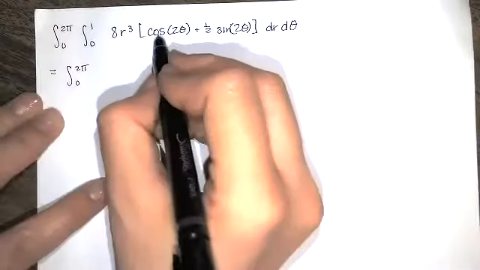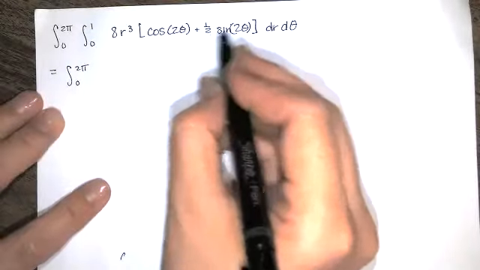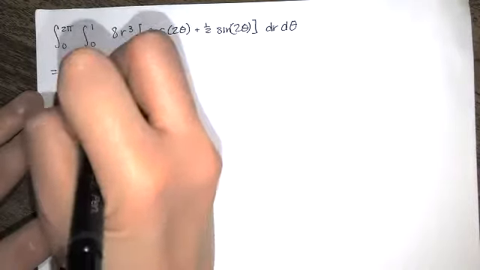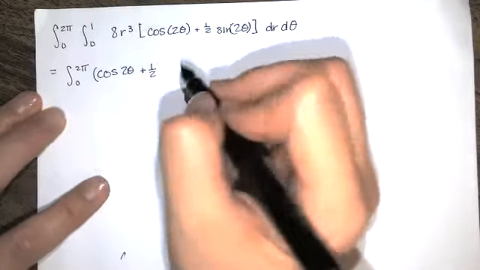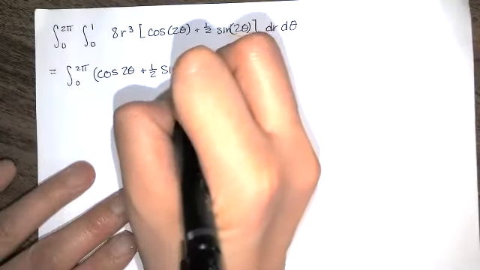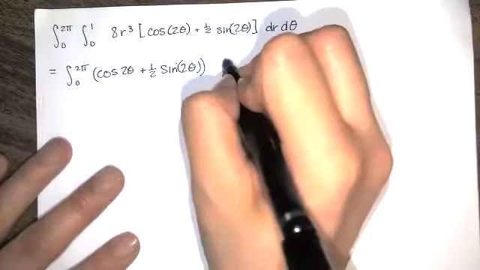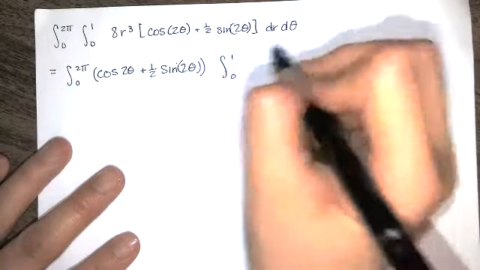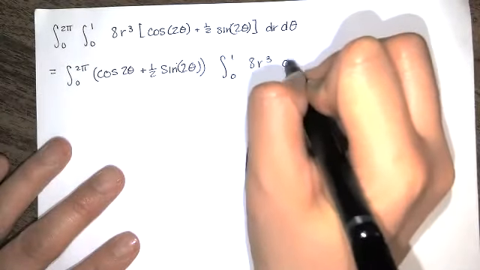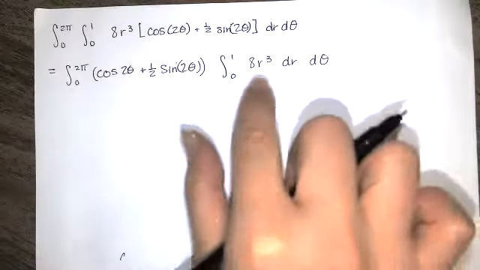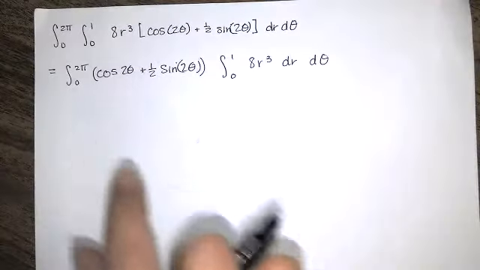We can factor out that cosine of 2 theta plus 1/2 sine of 2 theta because that's all constant with respect to r. So we could factor out the 8 as well. Probably won't though. The integral from 0 to 1 of 8r cubed with respect to r. We find that, and then we evaluate the resulting integral with respect to theta.